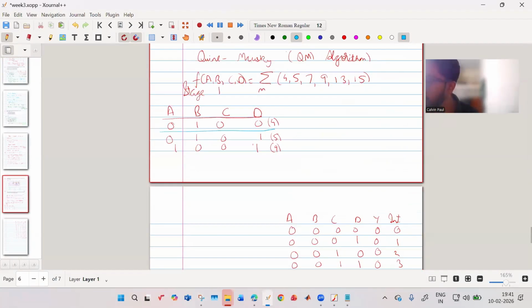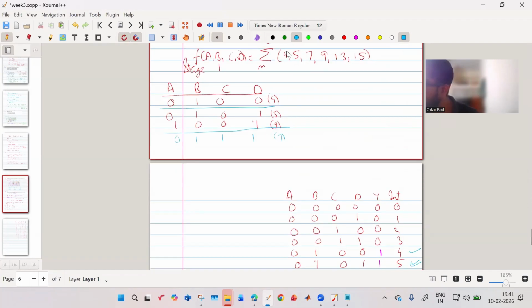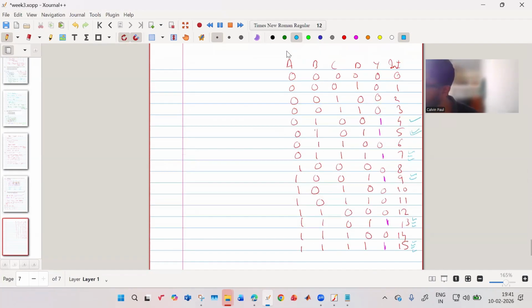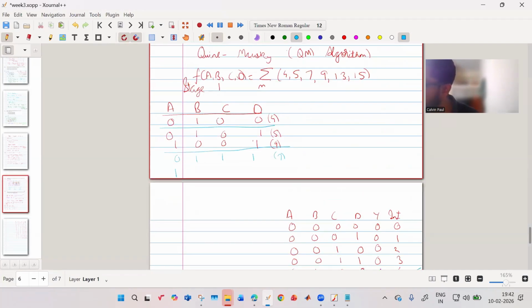So you have 0111, this is 7. Then you have your 13, which is 1101. And the next case, where you have all ones, is 1111, that is 15. Okay, so these are the possibilities you have. So this is your stage 1.